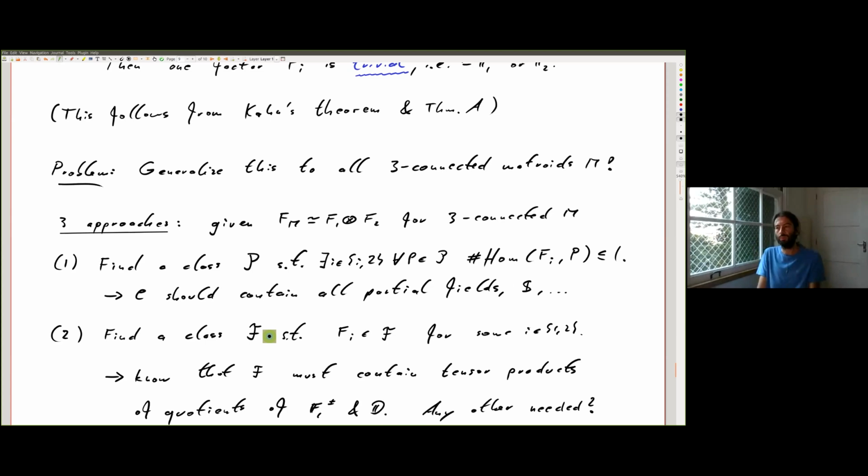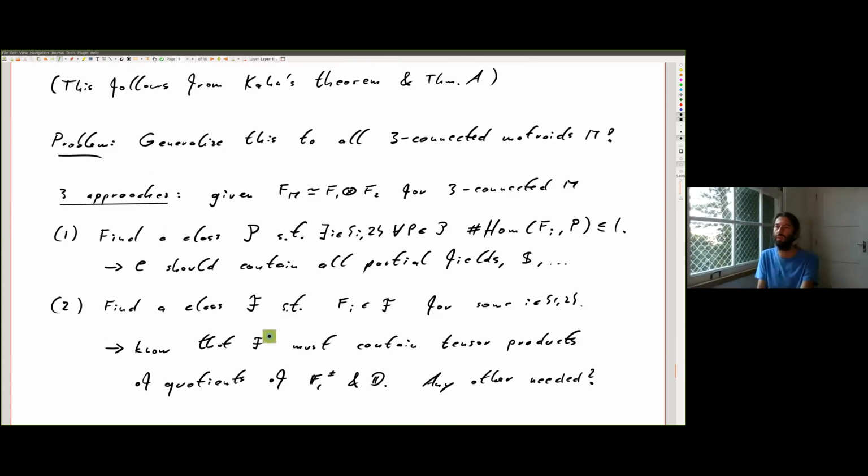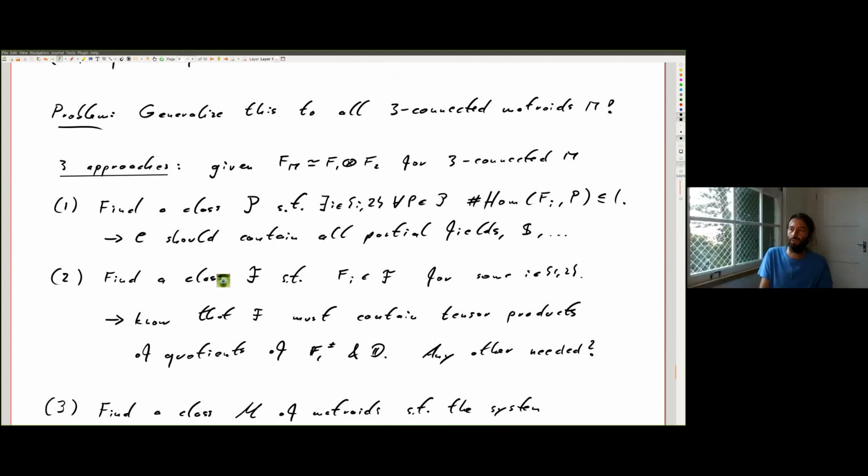Then, if we look a little bit more under the hood, maybe there's a class of foundations, which should now be as small as possible, such that one of the factors must be in this class. This should be the class of trivial foundations.